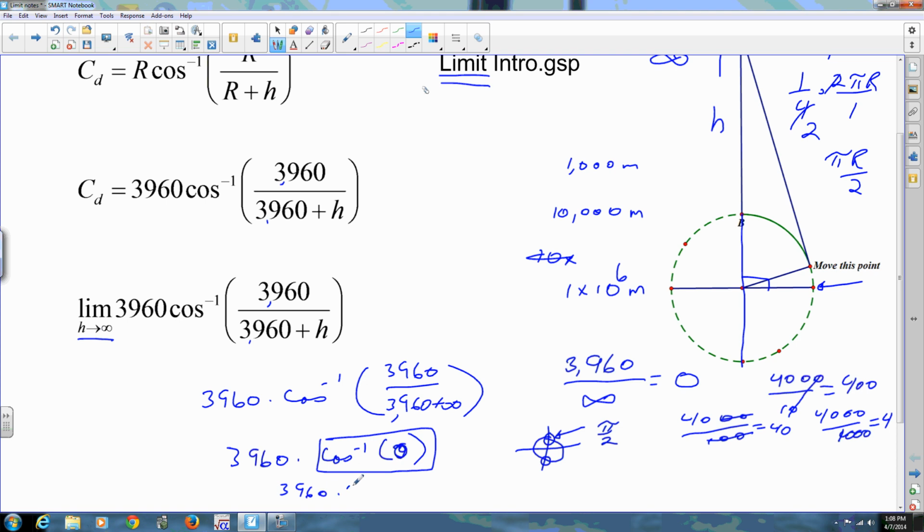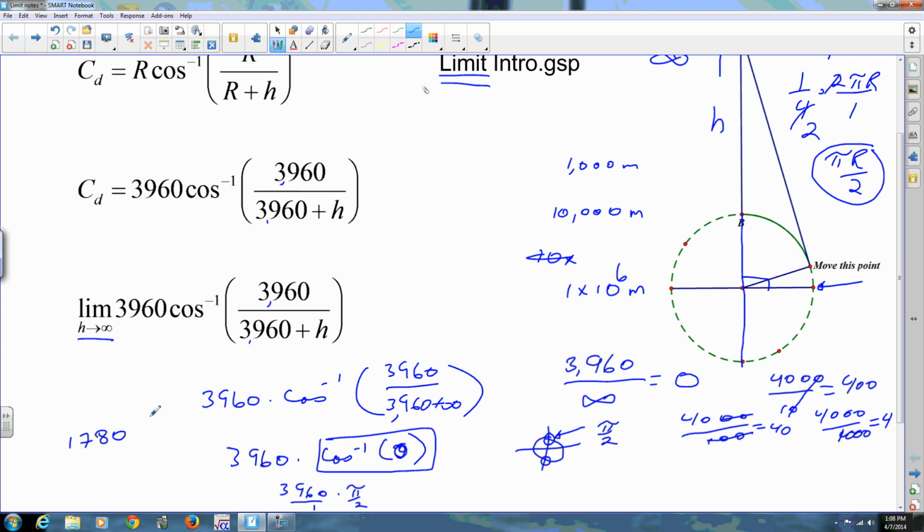3960 times pi over 2. Now, look at this. What is r? 3960 times pi over 2. They match. The farthest you could see would be 3960 times pi over 2. Now this reduces, I think that's 1780, I think.